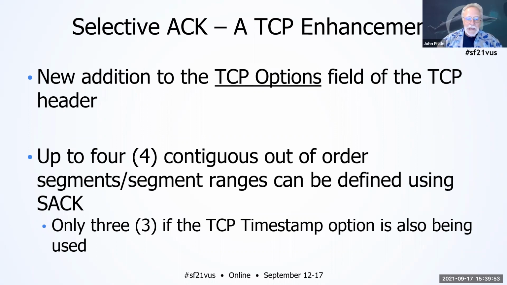The TCP options field is a fixed size. It's variable up to a point, but it can't grow beyond a certain point. And if you have the TCP timestamps option turned on and you have SACK turned on, then you'll only have enough room to put in 3 SACK segments. And we'll see some examples of that in the decodes.